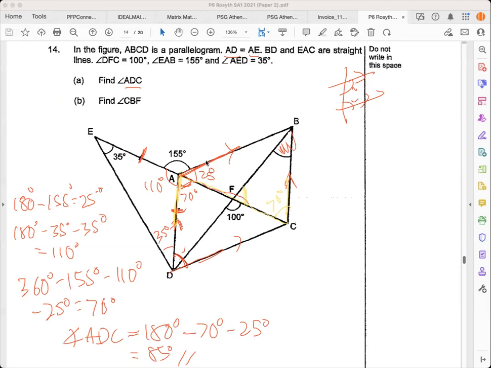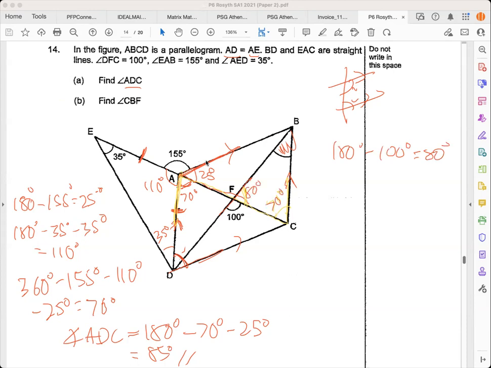To find this, I can get two angles inside the triangle. So that angle is equal to angle on a straight line, 180 minus 100, I get 80 degrees. So this is 80 degrees, and this is 70 degrees.